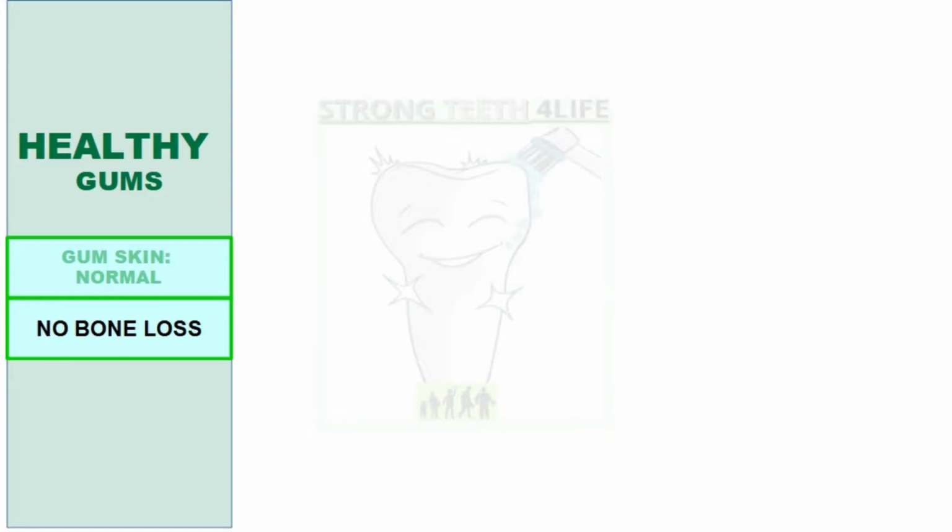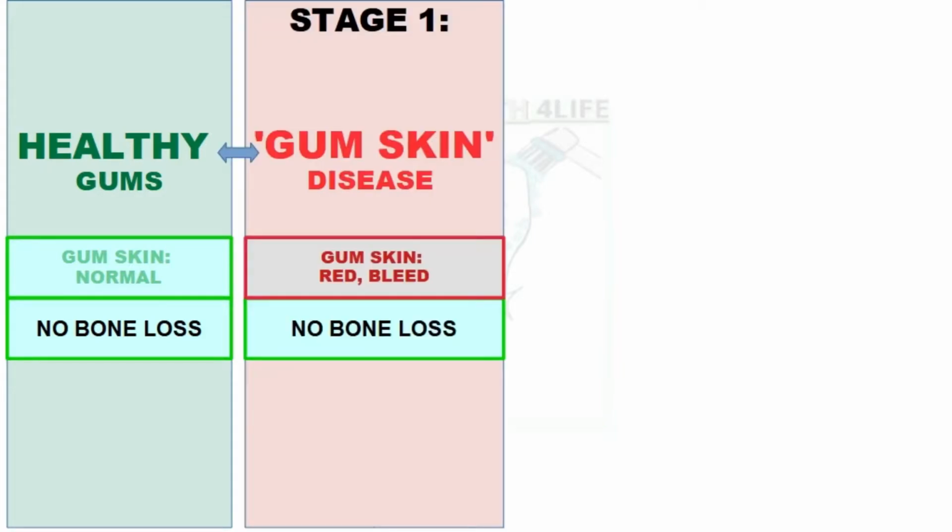So as a summary, healthy gums have pink, healthy, firm gum skin that does not bleed, with strong bone underneath. Stage 1 is where the gum skin is bleeding and red, but has healthy, strong bone underneath.